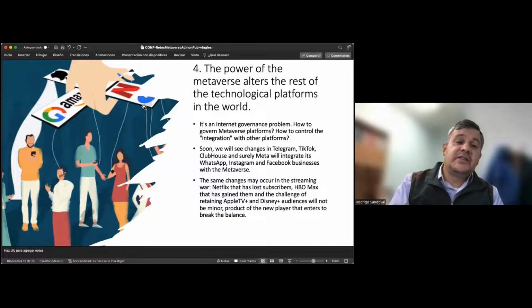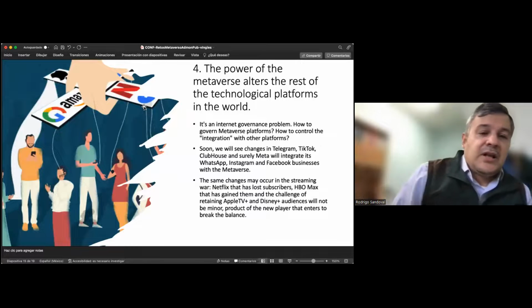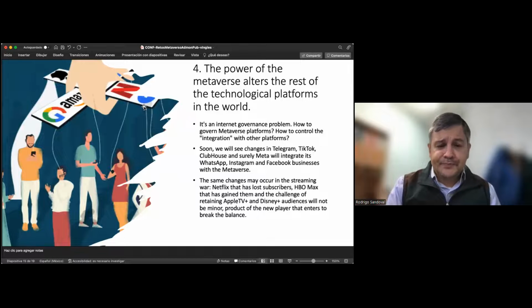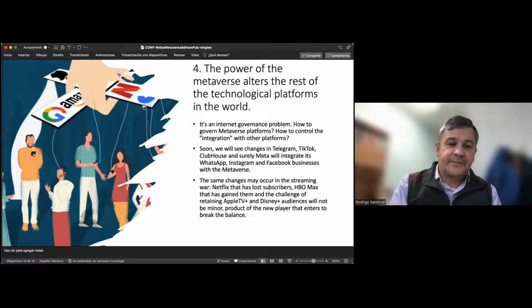Another one is that this metaverse, as we know right now, that we know at this point the promise of a metaverse, because right now very few people are inside the metaverse and acting as one part of this new trend. But the real thing is that the metaverse is altering, modifying the actual technological platforms.